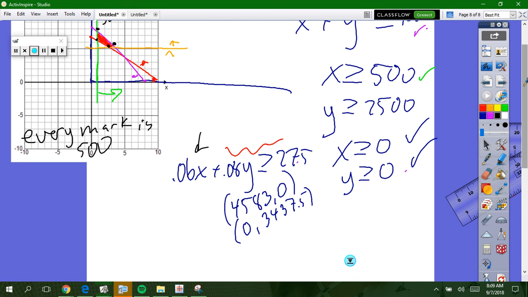Anybody see what I'm doing wrong by putting 500 in? 500 times that should be 300 or should be 30? You do 500 times 0.06? Should be 30 or 300? You told me.